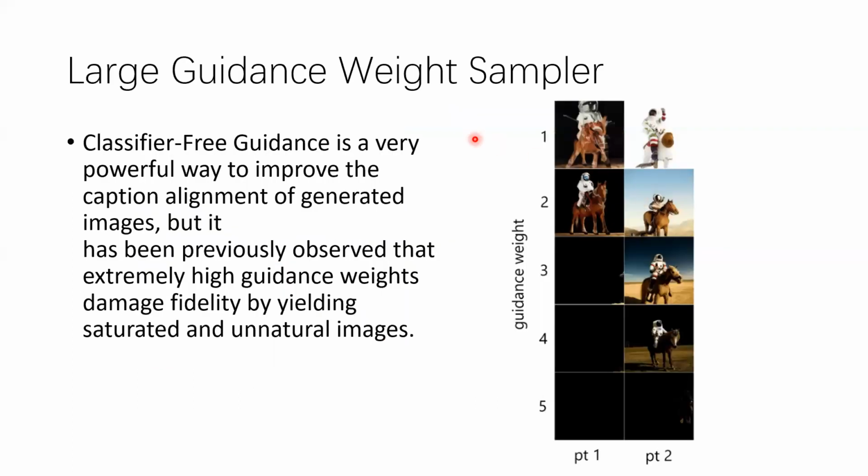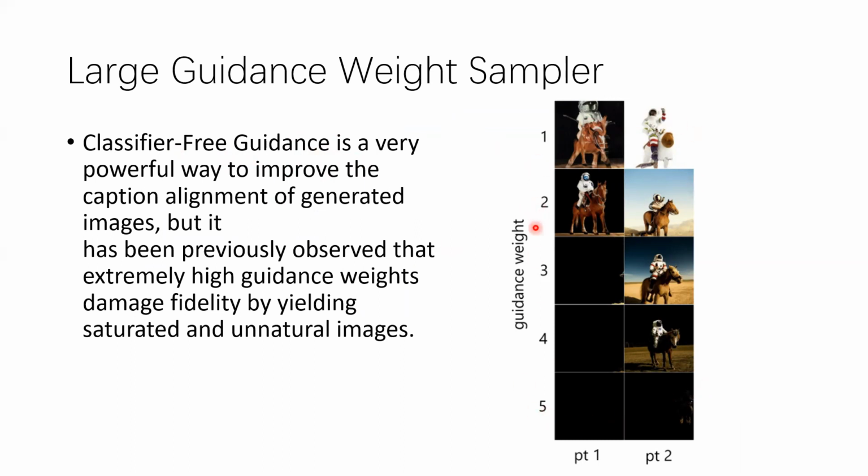However, they noticed that although classifier-free guidance is a powerful way to improve the caption alignment of generated images, it has been previously observed that extremely high guidance weights damage fidelity by yielding saturated and unnatural images, like the picture shown on the right.